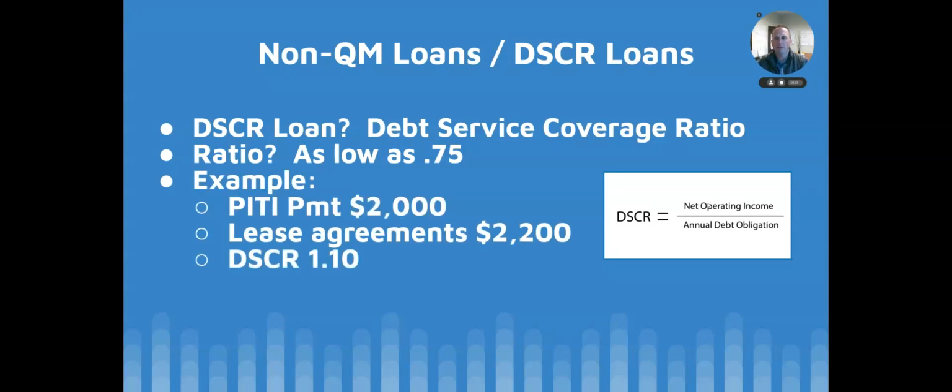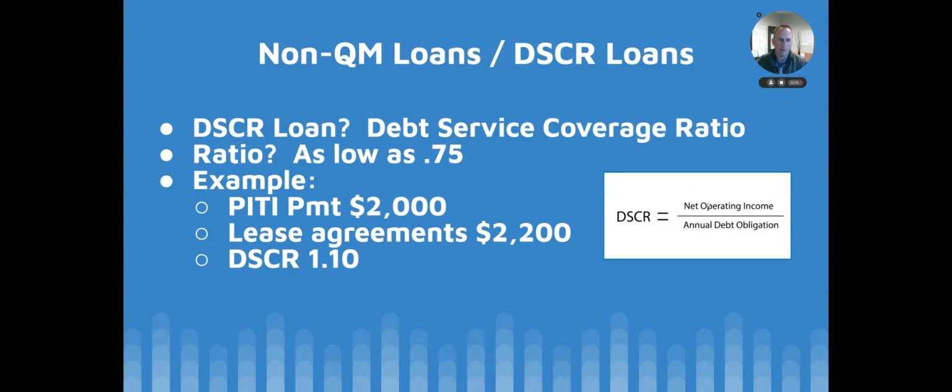So basically we take the lease agreement, or how much the rent is for the whole property, and then we divide that by the principal and interest, taxes and insurance, and if there's an HOA, we include that. That's the debt obligation, and we get a ratio.